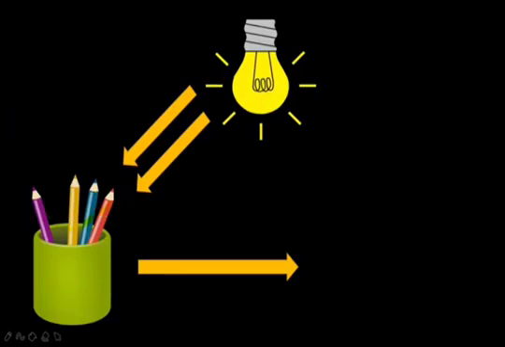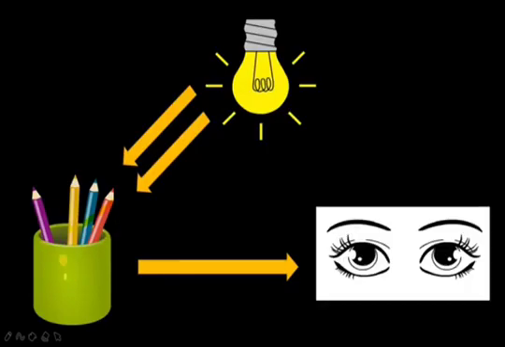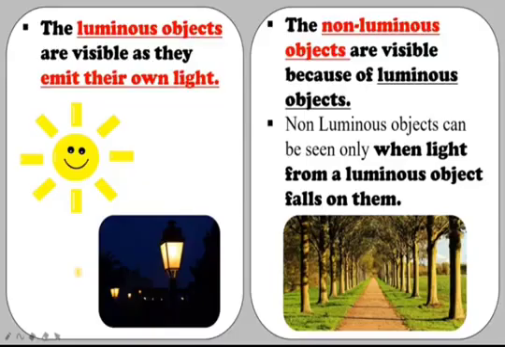So, how will you see the non-luminous objects? If you want to see non-luminous objects, a luminous object is required. The light from the luminous object should fall on the non-luminous object and reflect back to your eyes. So without luminous objects, you cannot see the non-luminous object.